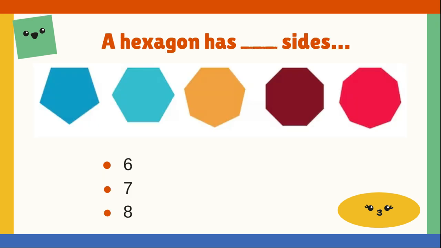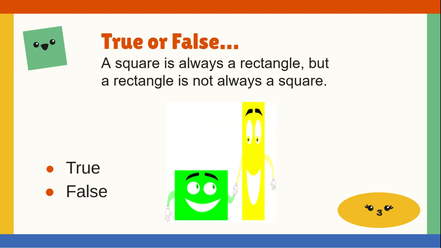All right, next question. A hexagon has blank sides: 6, 7, or 8. Good. The hexagon has 6. True or false? A square is always a rectangle, but a rectangle is not always a square.